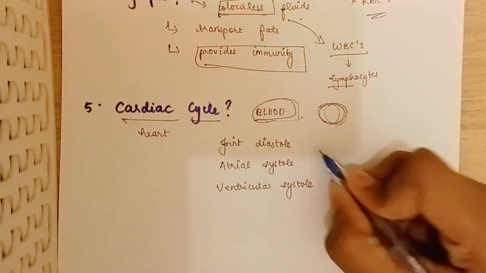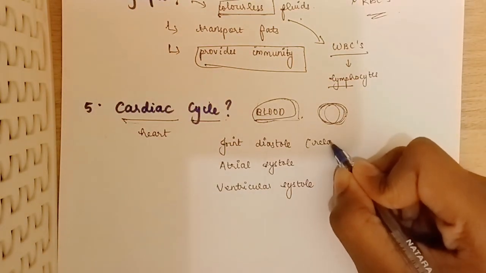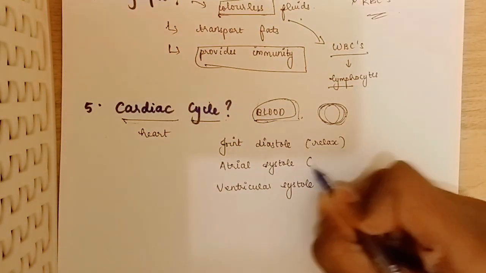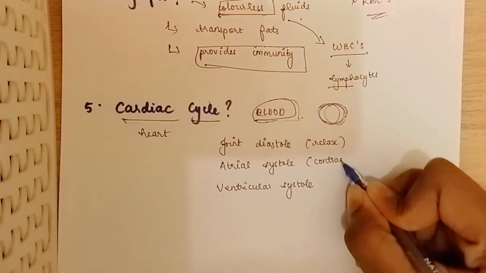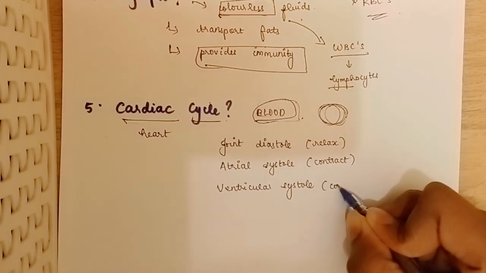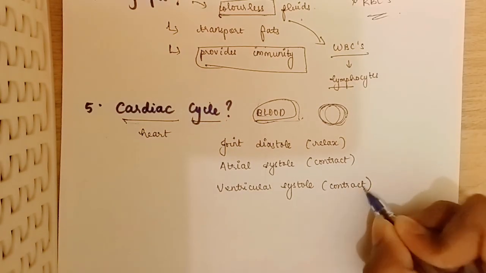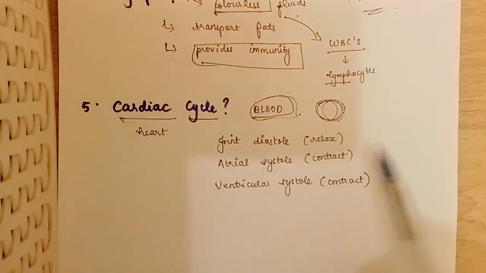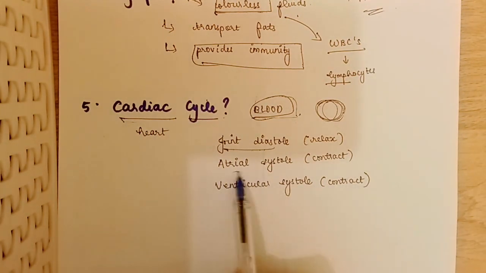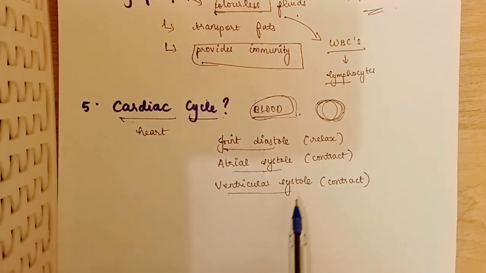Diastole means relax. Systole means contract. So the cardiac cycle comprises a joint diastole, atrial systole, and ventricular systole.